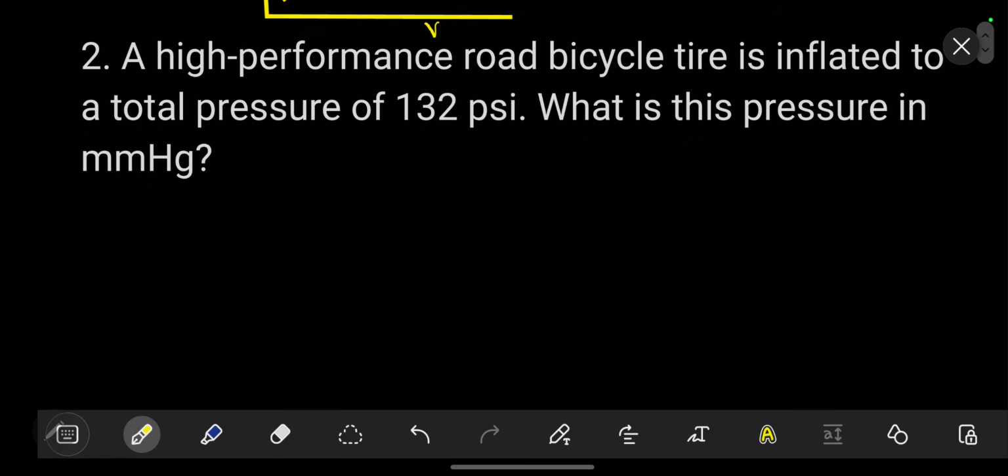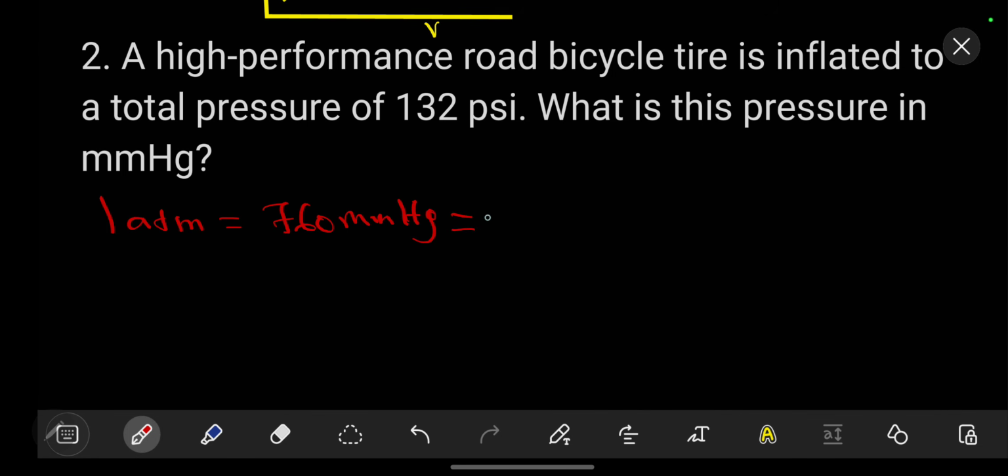So under this one, we know that 1 atmosphere, this is the conversion factor, is equal to 760 millimeters of Hg.